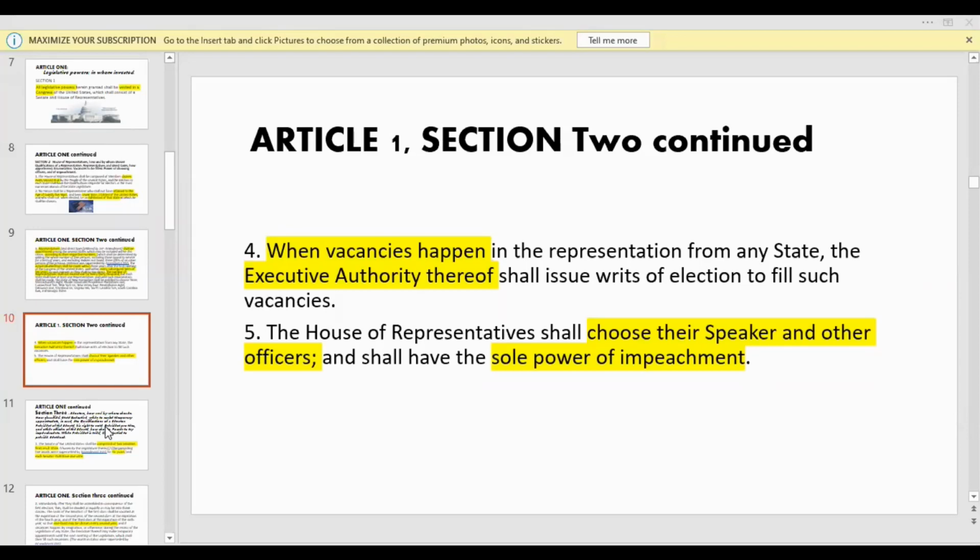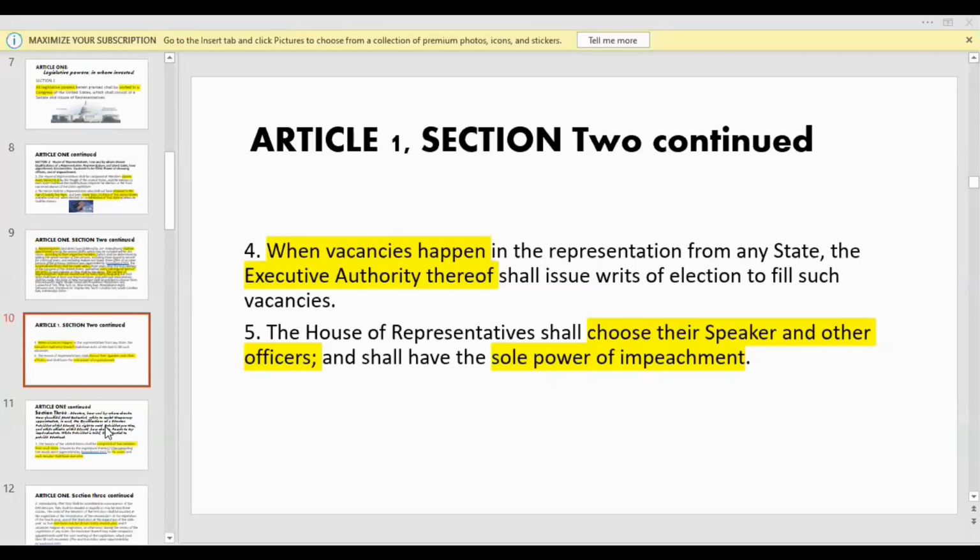Got a question here from Warren about how they came to the 435 members of the House of Representatives. That was done, I believe, in the 14th Amendment, where it became clear that one member of Congress for every 30,000 wasn't going to work as the population of the United States started to grow so rapidly.